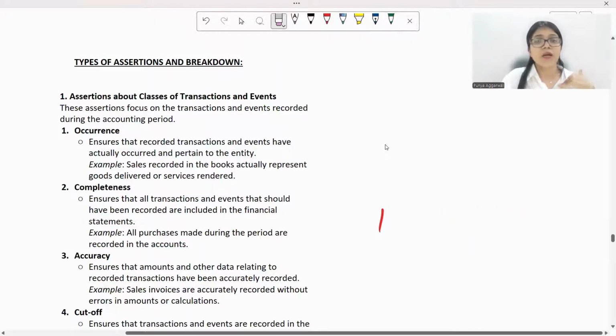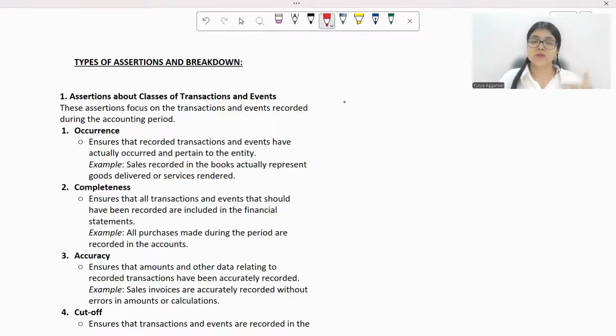If you can, guys, please take a pen and paper, so that whatever I am explaining, you are able to write it down for yourself, so that it's easier for you to revise when the paper is really very near. Okay, so the first type of assertions class that we're going to study is transactions and events.